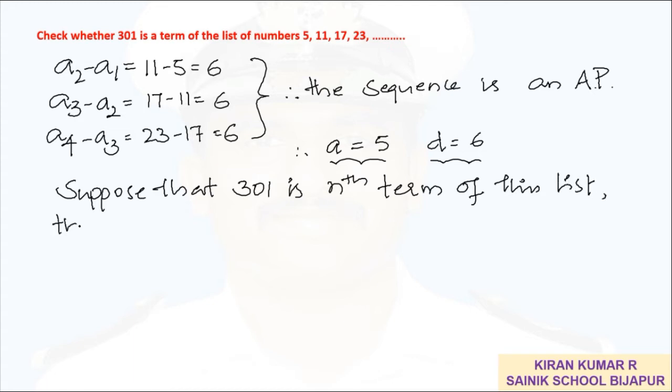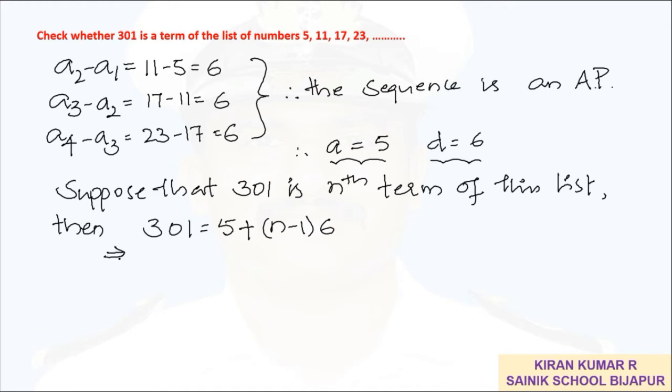Then 301 will be written as 5 plus, because first term 5, plus (n minus 1) times d. Now if I get n as an integer, some positive number, then I can conclude that it is a term. Otherwise it is not a term in the given list.